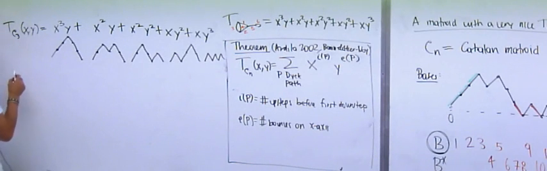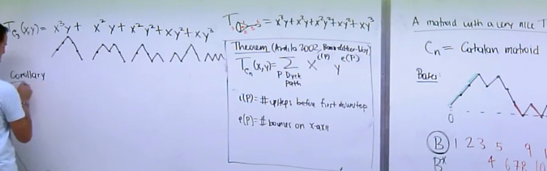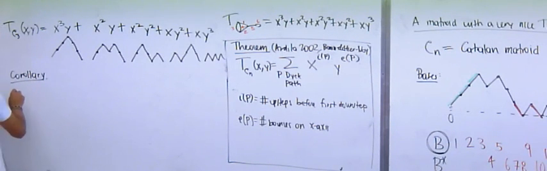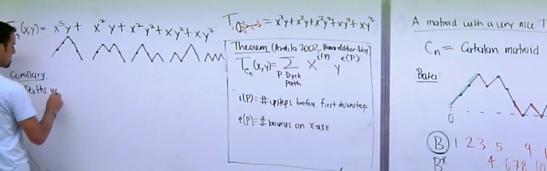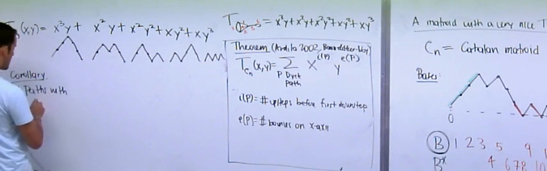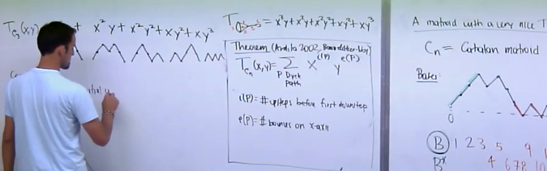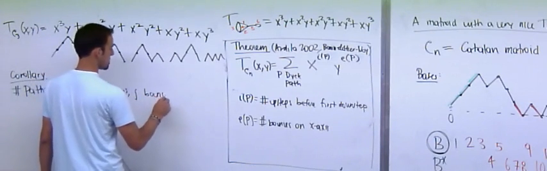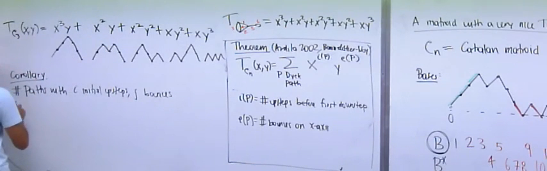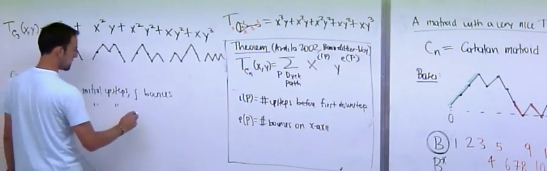But now let me show you a corollary of this, which is that the number of paths with i initial up steps and j bounces equals the number of paths with j initial up steps and i bounces.